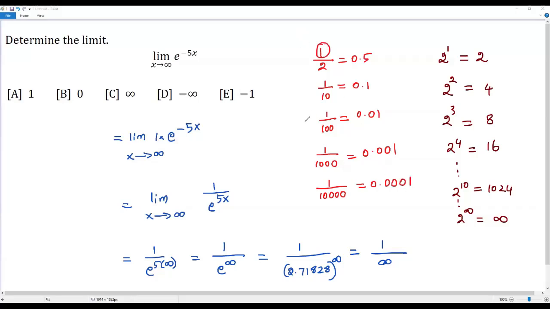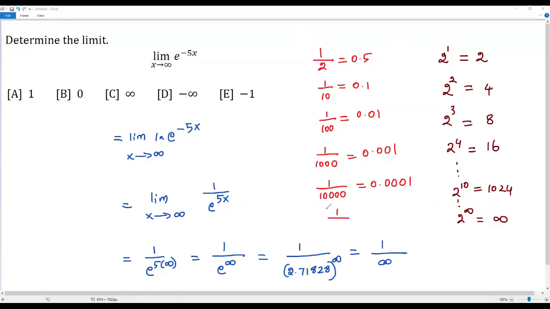Look here: I keep the numerator the same and keep increasing the denominator: 2, 10, 100, 1000, 10,000. When I keep increasing the denominator, what's happening to the value of the fraction on the right side? It keeps decreasing. When I take a large value like 10,000 as the denominator, the value of the fraction becomes too small, 0.0001, getting closer to 0.